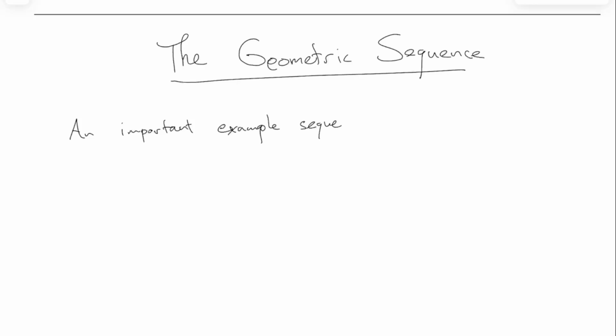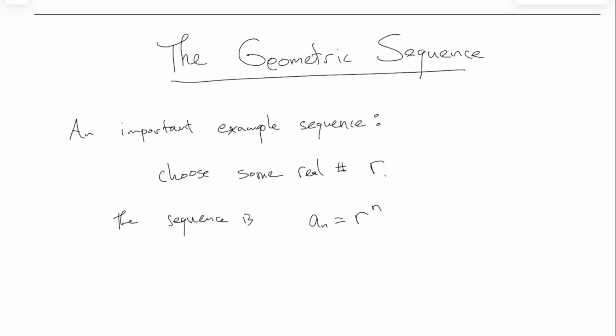And the way that you build this sequence is you choose some real number, our book calls it r, a lowercase r, and then the sequence is a_n equals r to the power n.